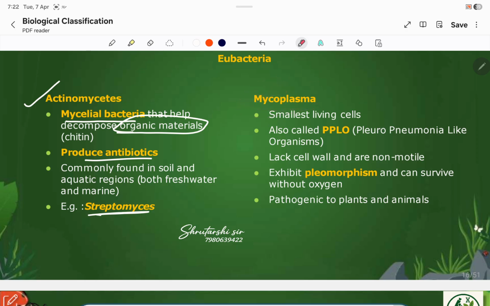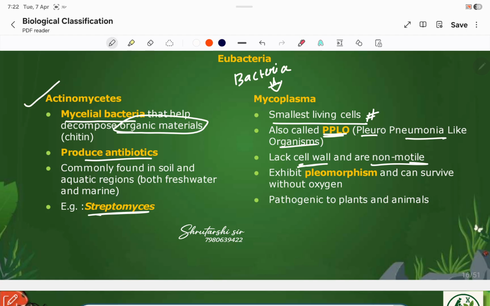The mycoplasma is the smallest living cell. Remember it. They are also called PPLO, pleuropneumonia-like organisms. They lack a cell wall and are non-motile. So, bacteria had a cell wall, but in case of mycoplasma, there is no cell wall.